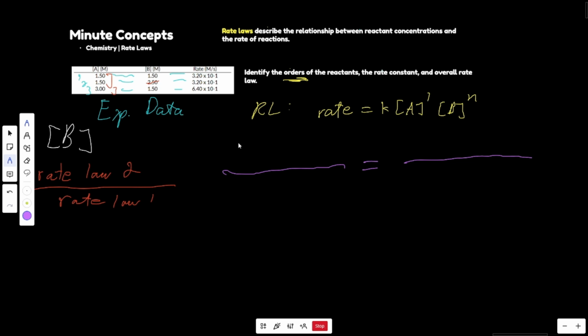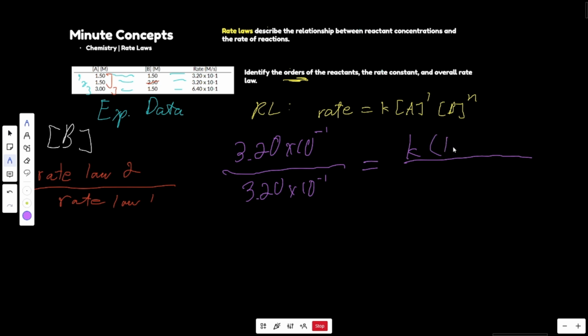So the value of trial 2 for its rate is 3.20 times 10 to the power of negative 1 molar per second, and over 3.20 as well, times 10 to the power of negative 1. Now on the right side, we'll be having the rate law.